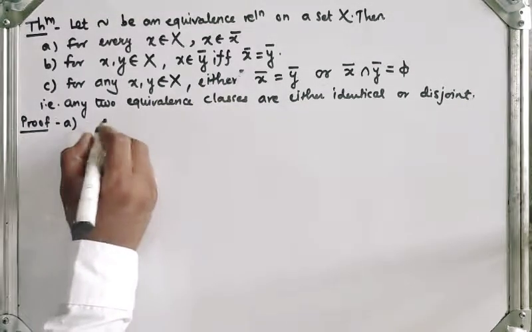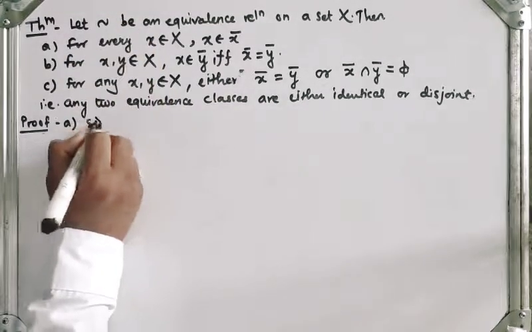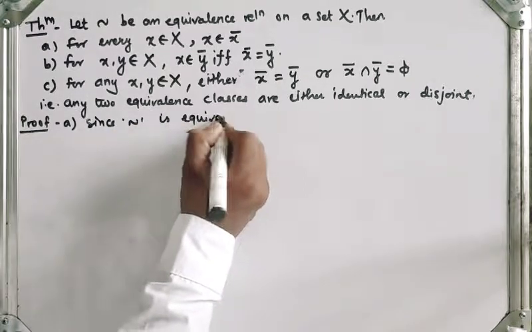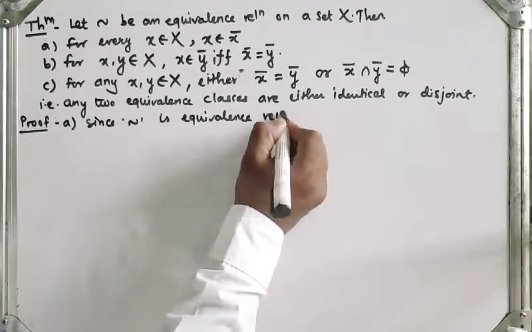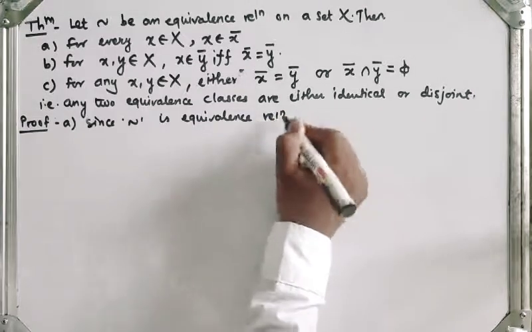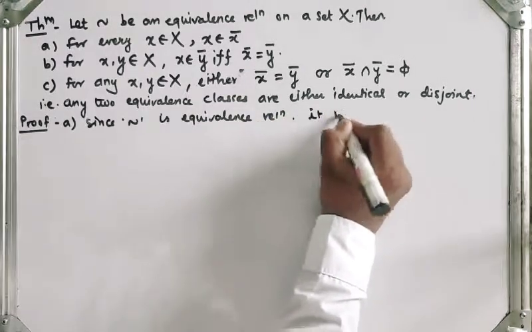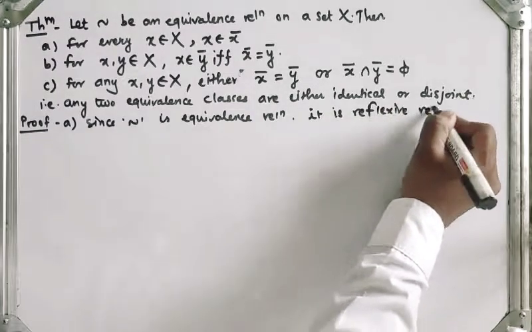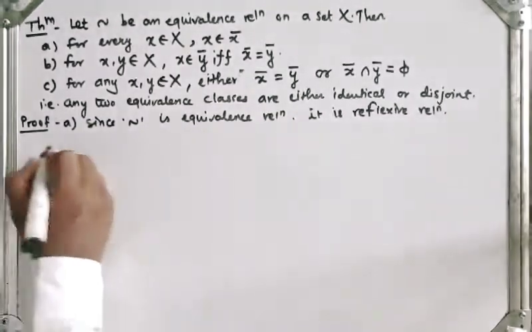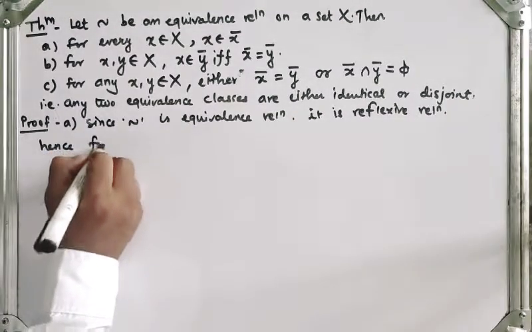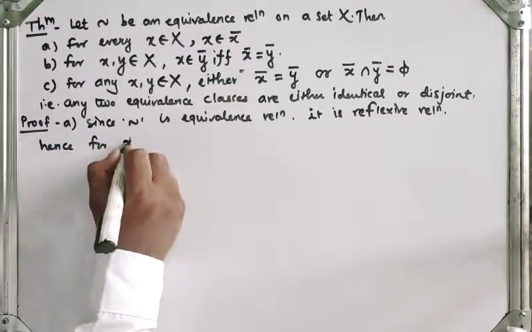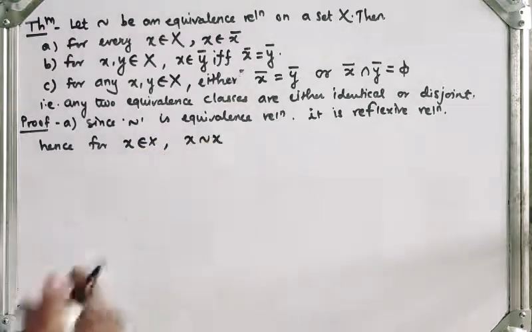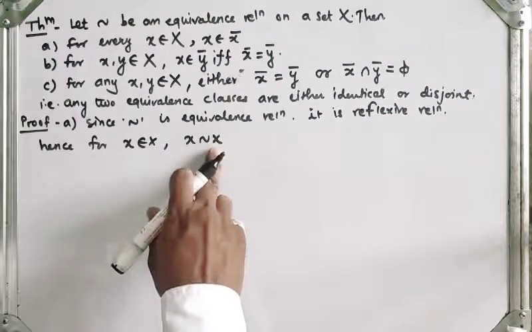Since tilde is an equivalence relation, it is reflexive. Hence if x belongs to X, then x is always related to x, or x is equivalent to x.